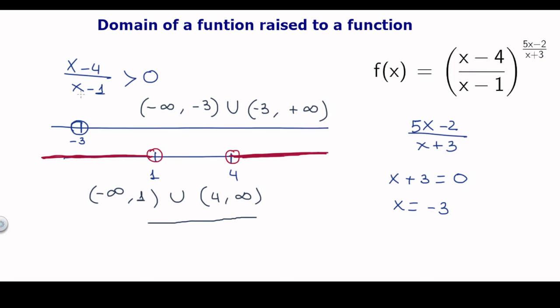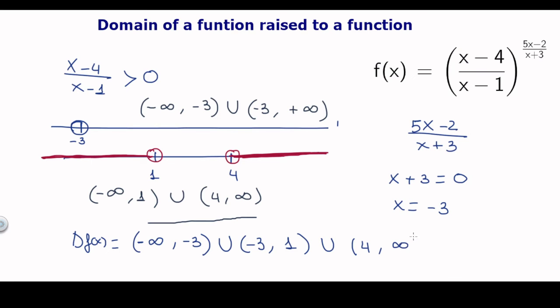And as in previous cases, the domain of f of x is the intersection of both domains. From negative infinity to minus 3, union, minus 3 to 1, union, 4 to positive infinity. We're done. I hope you've had a lot of fun with functions.